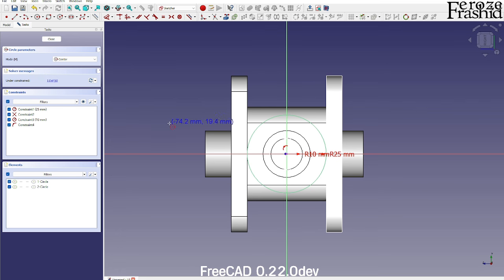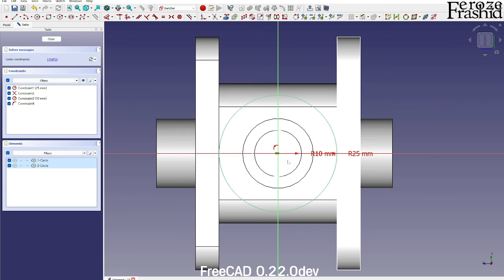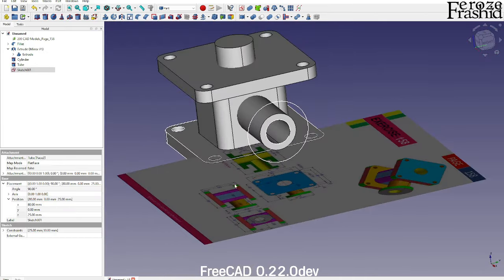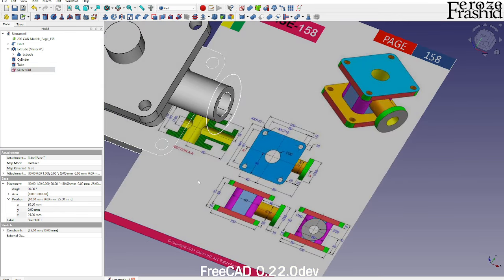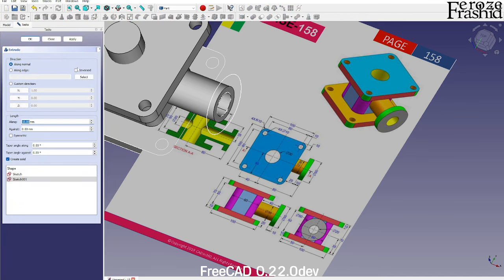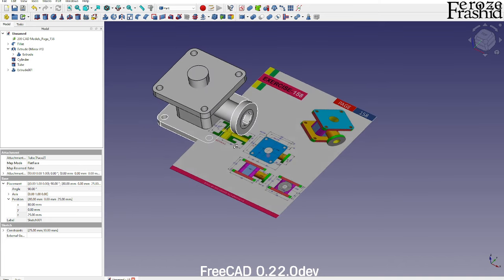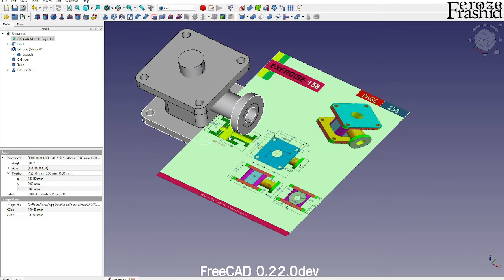I believe that's it. These two actually will be the same point. All right, we got that extruded, so that will be 10 millimeter extrusion, but not forward, backward. I think that's our object. Yeah, that is our object.